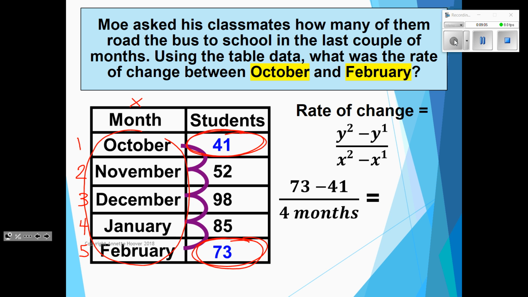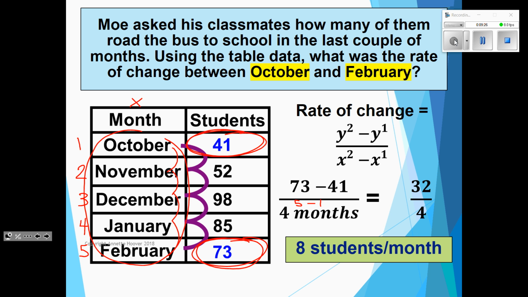So on the bottom, I'm going to do 5, which was February, minus 1 for October, which is 4 months. Or you could have counted and said, okay, 1, 2, 3, 4 months. Now we have 73 minus 41, which is 32, divided by 4, and it was 8 students per month. Subtracting the y's on the top and the x's on the bottom.